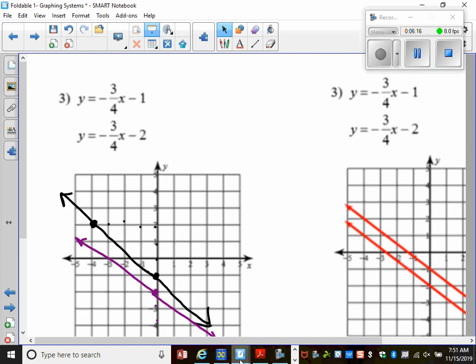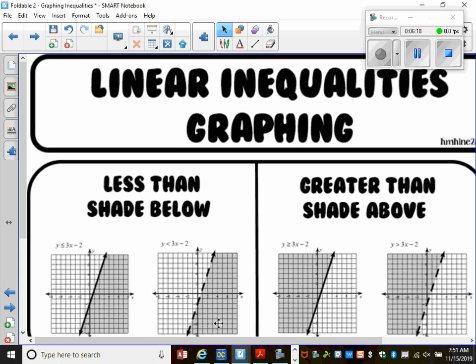All right, we're going to move on to linear inequalities. So here are our linear inequalities. Remember when we did inequalities on a number line, and we had either a closed dot or an open dot based on whether it was an equal sign or not.